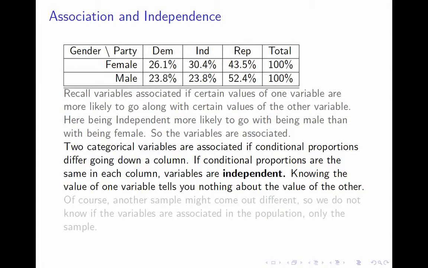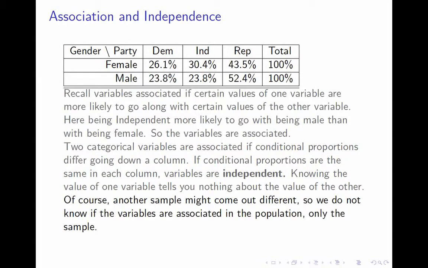If it was the same number, 30% of women were independent and 30% of men were independent, then you would say knowing the gender doesn't tell you anything about whether somebody's independent, so they are unrelated, or we'll say independent. If in each column the conditional proportions are the same, then the variables are independent. And in that case, knowing the value of one variable would not tell you anything about the value of the other. So independent is the opposite of associated.